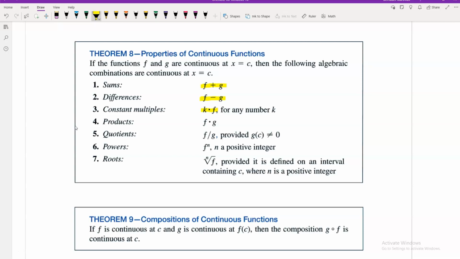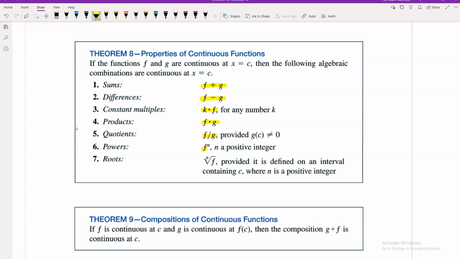Product of two functions, quotients of two functions. But here in this case, we have a denominator, so our denominator is not equal to 0. So it is not defined when the denominator is 0.